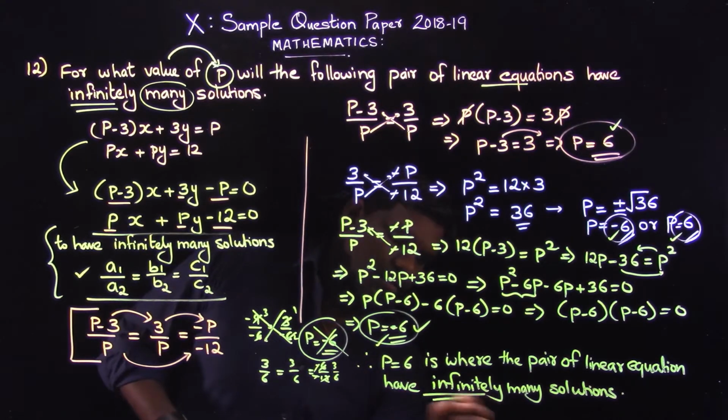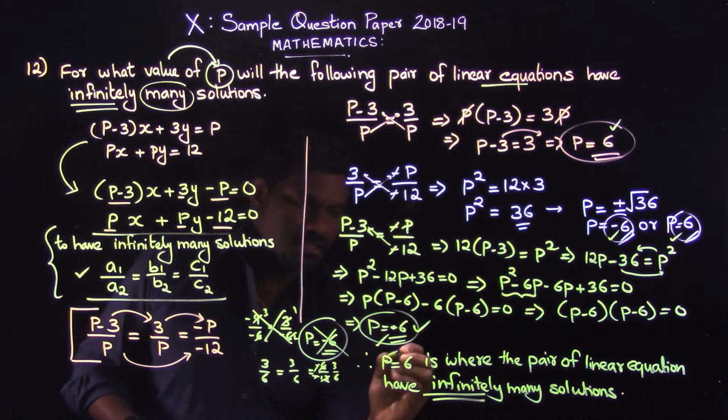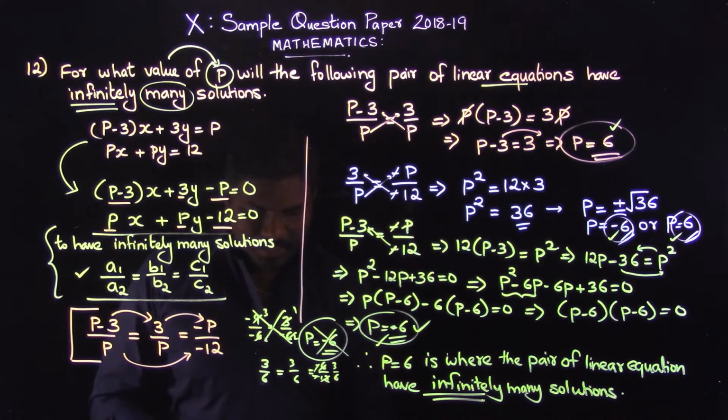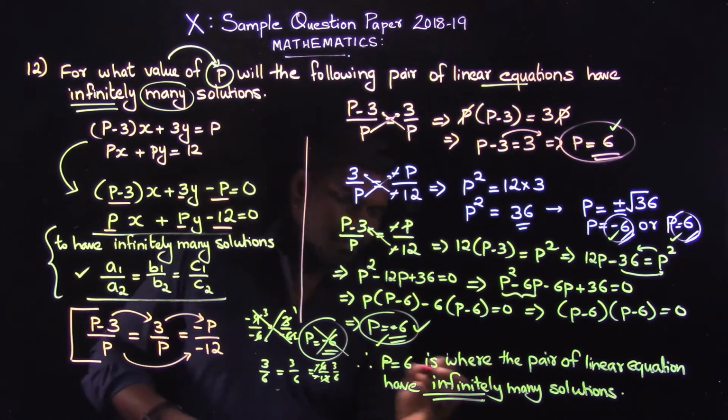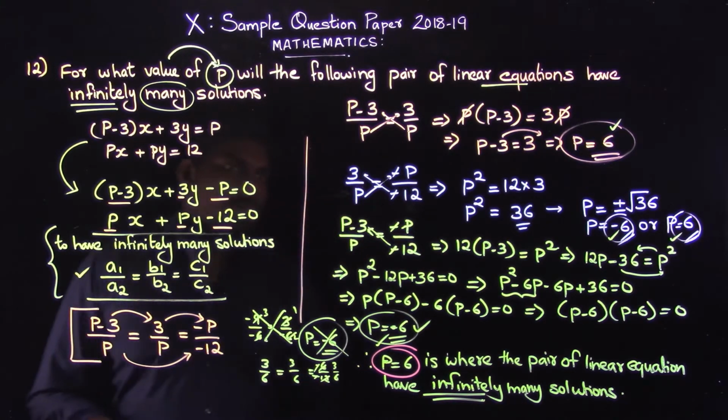Understood? So the value of p, or p is equal to 6, is where you are actually getting infinitely many solutions. Fine. I think it's quite a bit clear, I think.